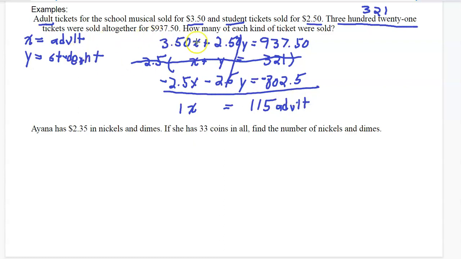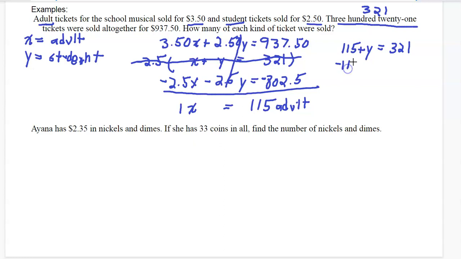Okay, I'm going to use this bottom equation here, x plus y equals 321, to solve for my second variable. And I can see that the 115 plus y equals 321.